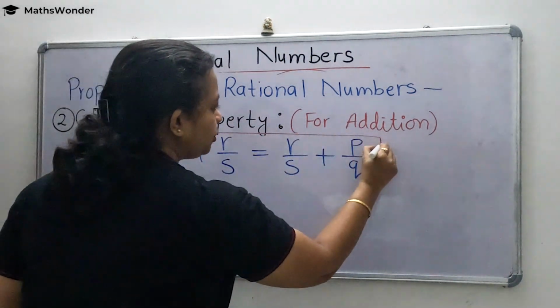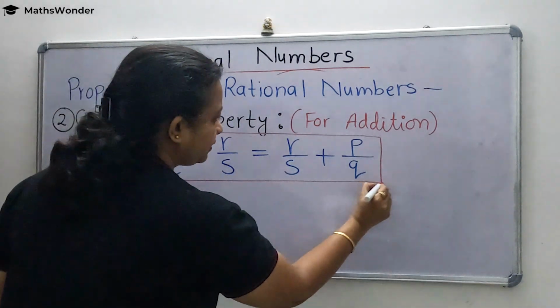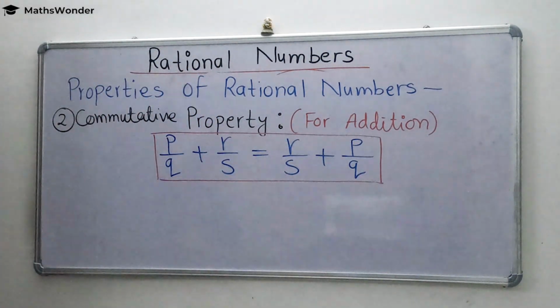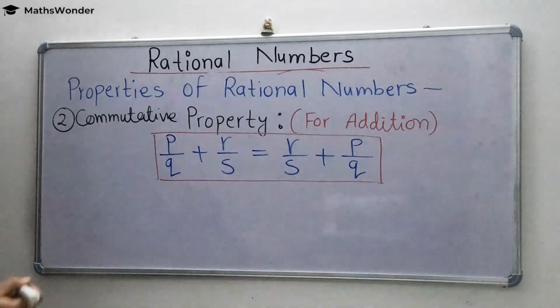What is the meaning of commutative? Can you explain? Changing the order. Yes, order property. In the smaller grades, you learned it with a different name. In 3rd, 4th grade, you learned that commutative means order property.